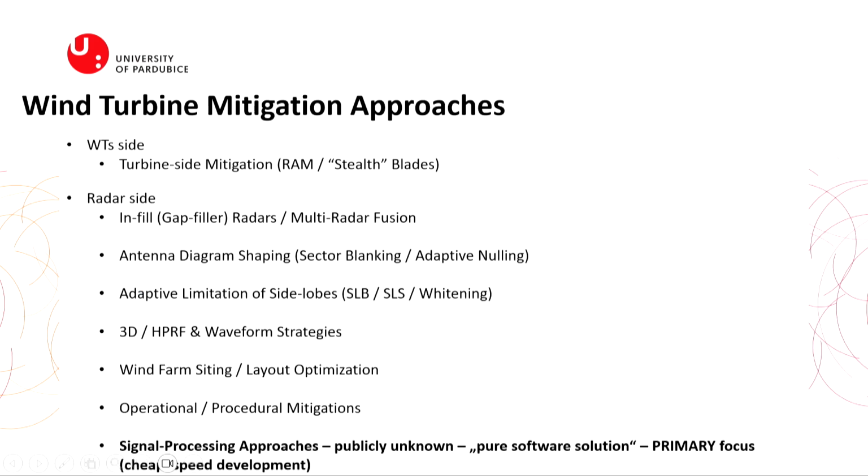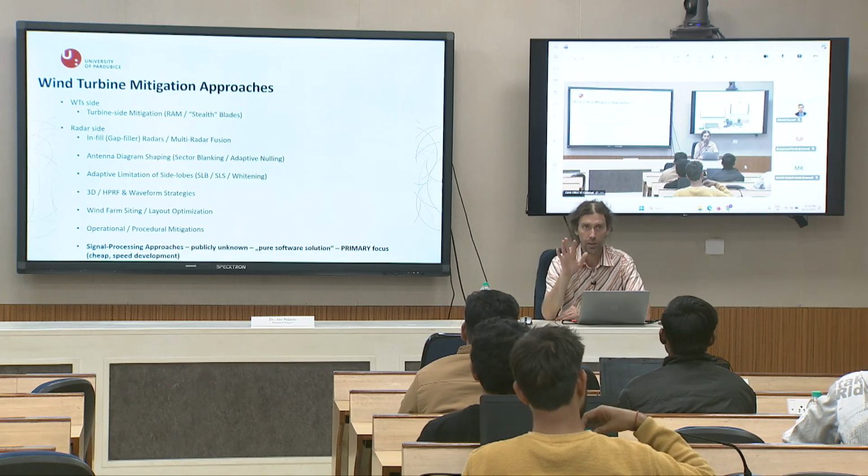Wind farm siting or layout optimization is more of an organizational thing from the national or government point of view. You tell developers in this area you will not build wind turbines because it is close to an airport or something like this. But it is a good solution.